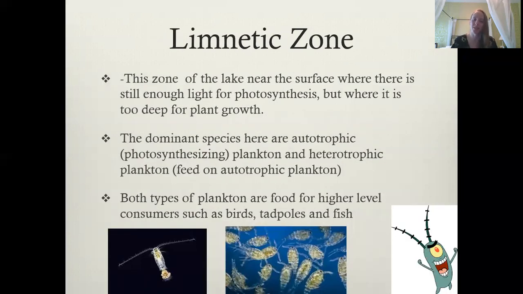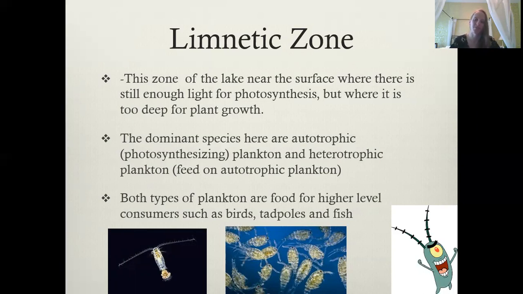Then the limnetic zone is the zone on the surface of the lake where there's still enough light for photosynthesis, but where it's too deep for plants to grow. And so in this area, the dominant species are autotrophic plankton and heterotrophic plankton. So you could just say plankton in general, but it's essentially plankton that photosynthesize and plankton that eat other plankton.